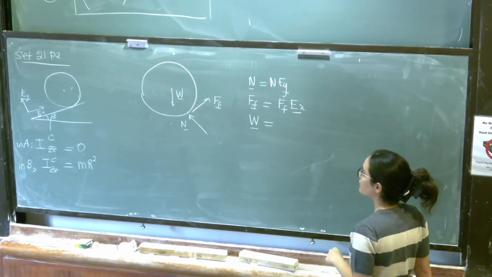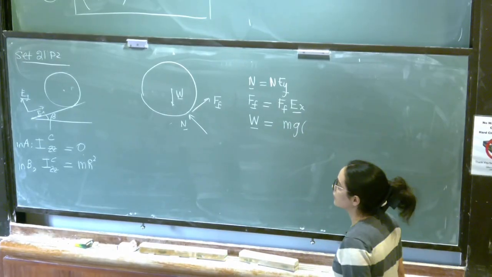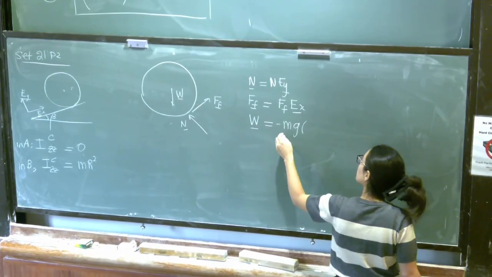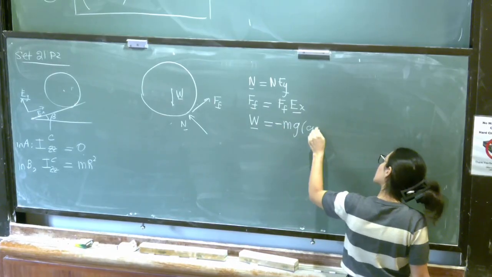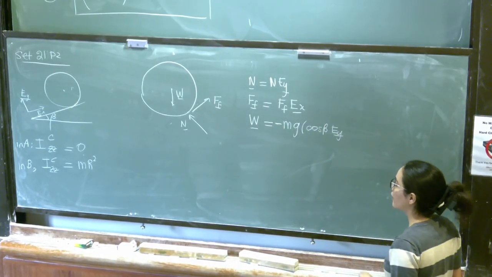Weight is going to be equal to mg minus beta AY.